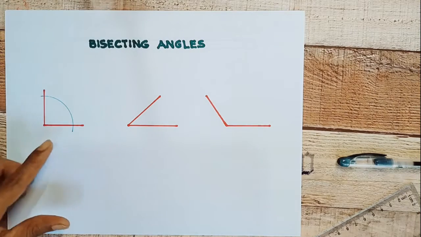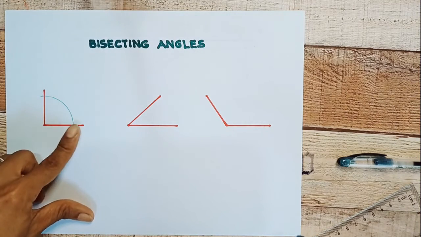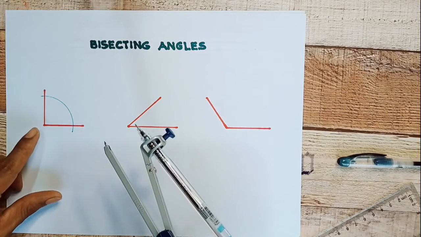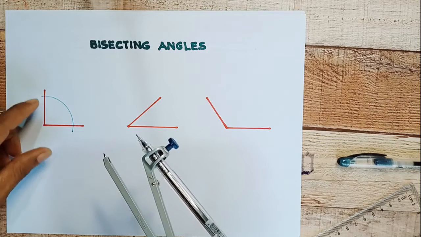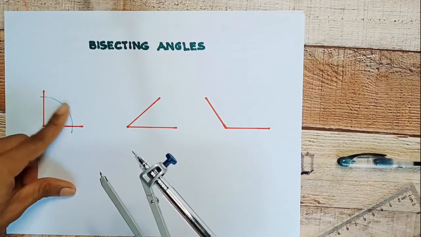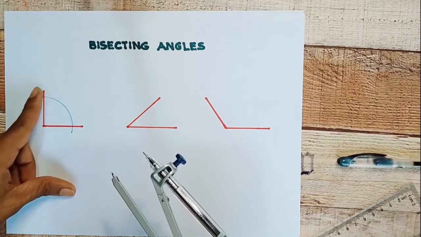Step 1, draw an arc. The tip of your compass will be on the angle. Then just draw an arc across or over the angle there. That's 1.